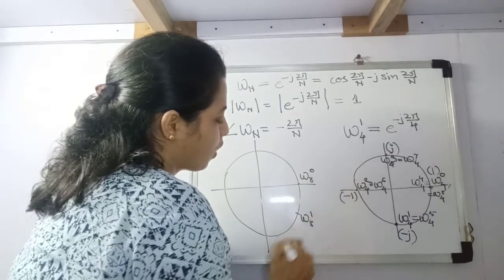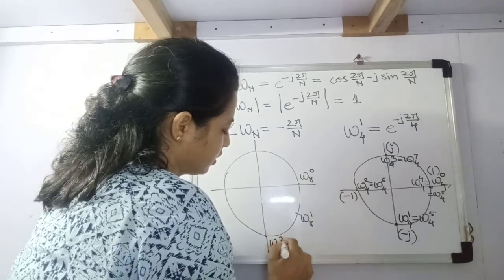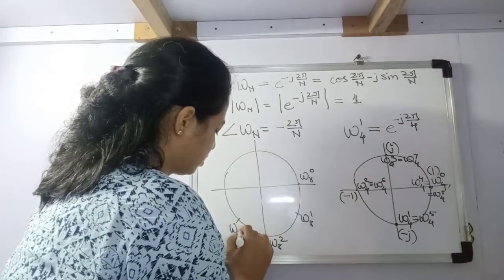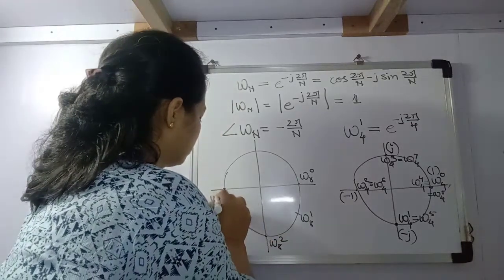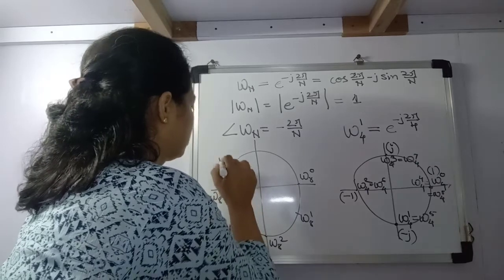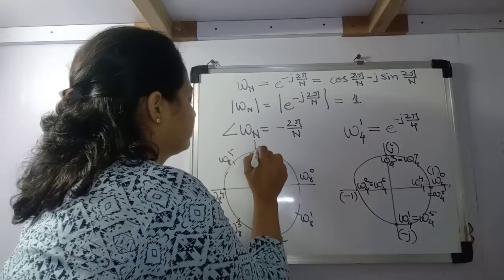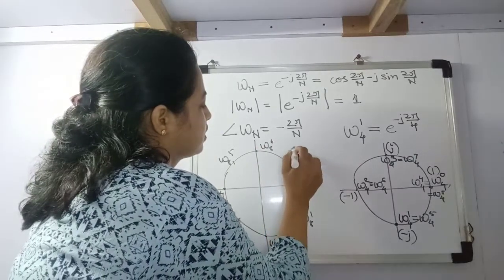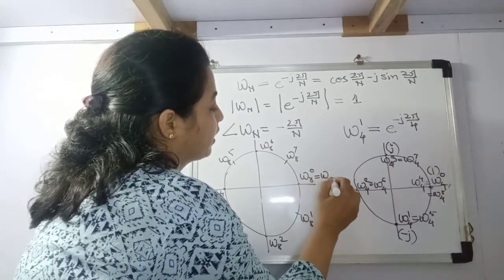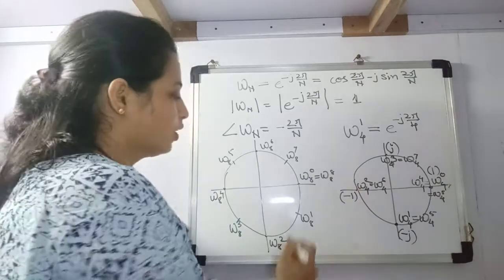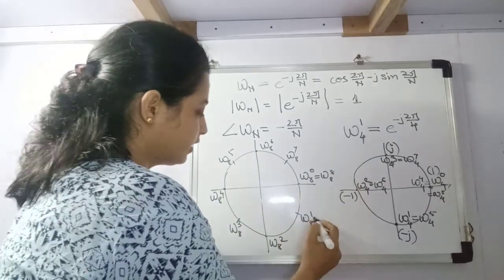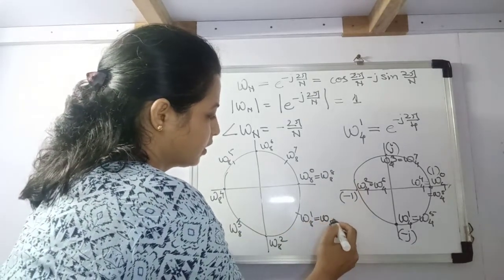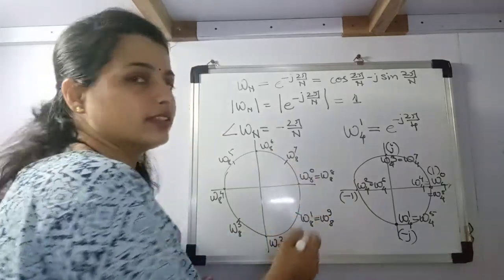Omega 8 1, this is 2, this is 3, 4, 5, 6, 7. Again this is omega 8 8. Okay, omega 8 9, omega 8 10, like this. You can go on writing like this.